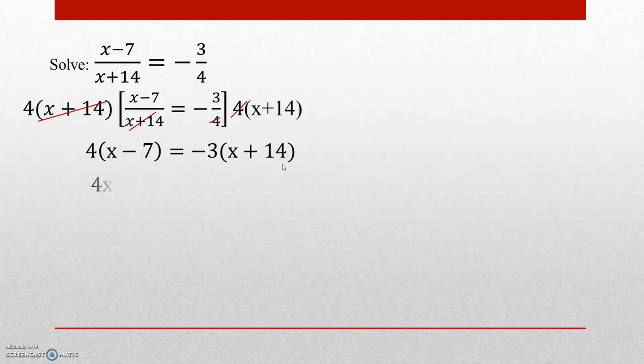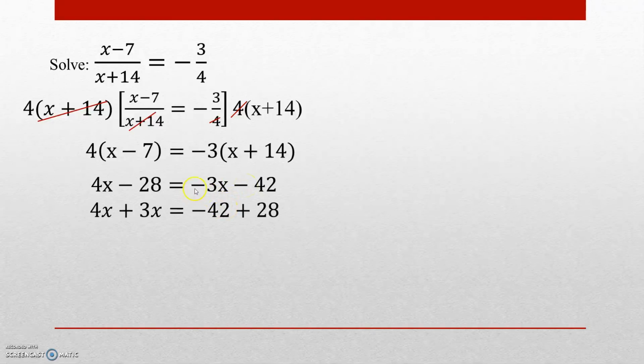So, let's simplify that. 4 times x is 4x. 4 times negative 7 is negative 28 equals negative 3 times x is negative 3x. Then negative 3 times 14 is negative 42. So, transpose natin yung negative 3x sa left side, maging positive 3x. And then yung negative 28 naman sa right side.